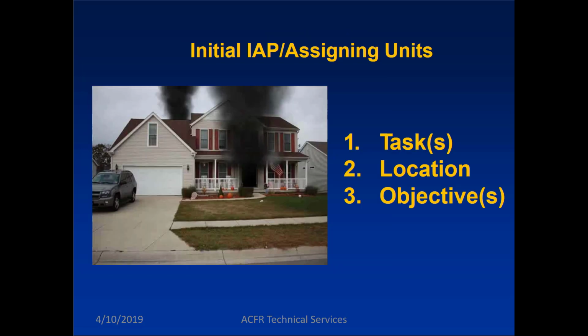So as we talked before about that initial incident action plan and assigning the units, we need to make sure that they are given a task, a location, and an objective.